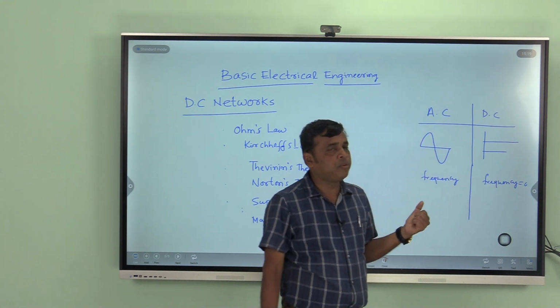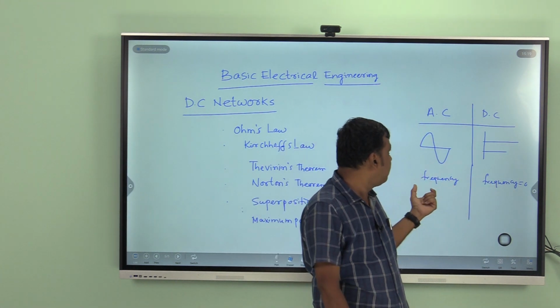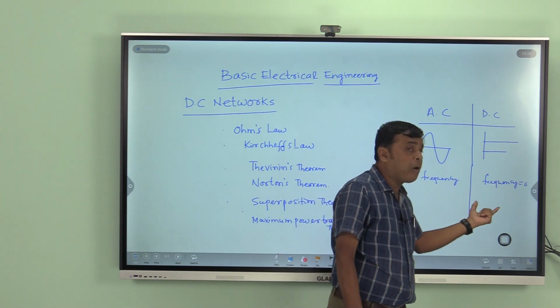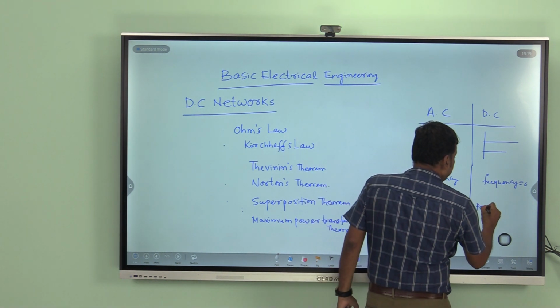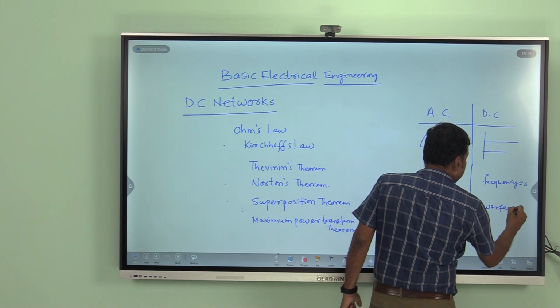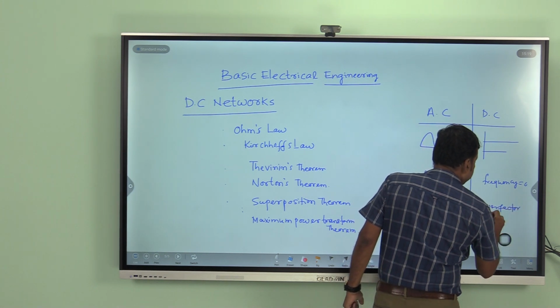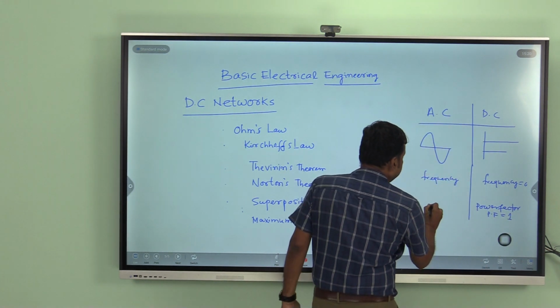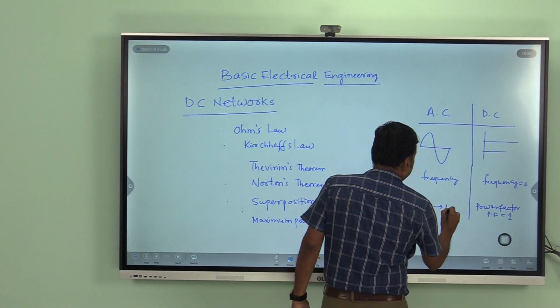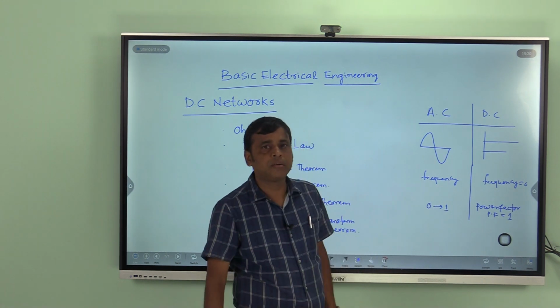Another major difference is the power factor. In DC the power factor is always 1, but in case of AC the power factor varies from 0 to 1.